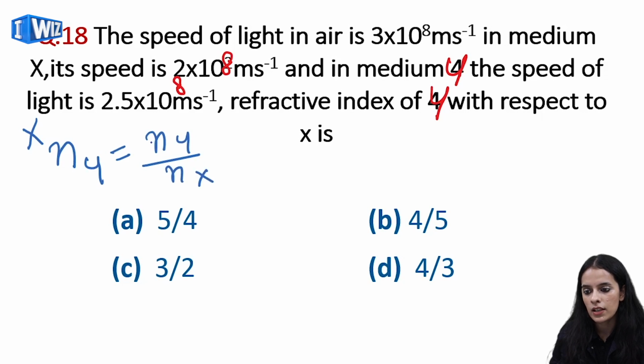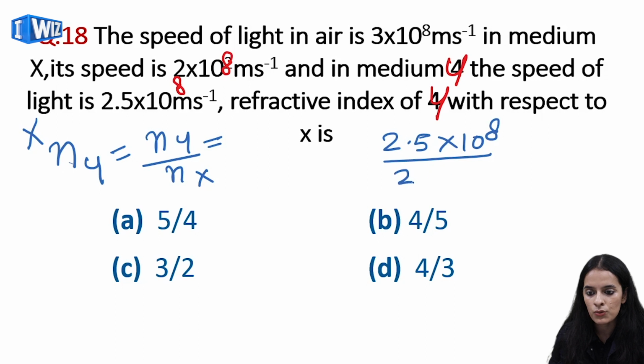You always take the refractive index of the medium in the numerator and the other in the denominator, ny upon nx. So the speed in medium y is 2.5 into 10 raised to power 8, and in medium x it's 2 into 10 raised to power 8.